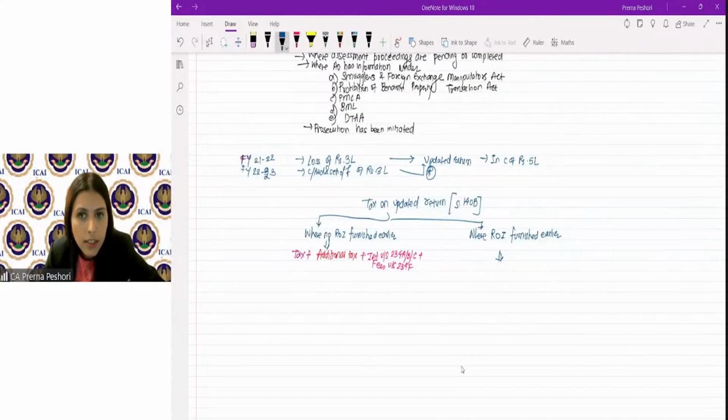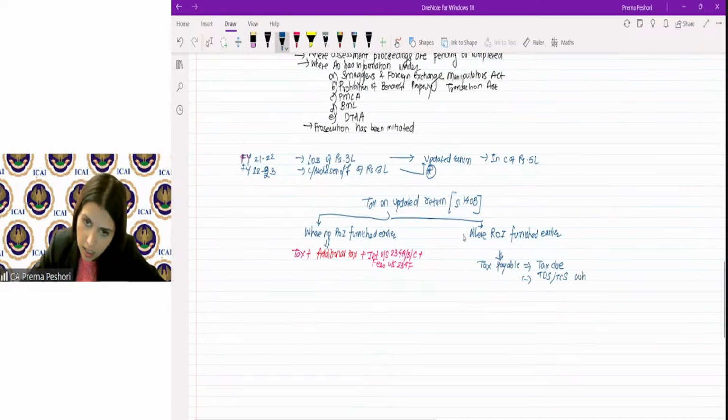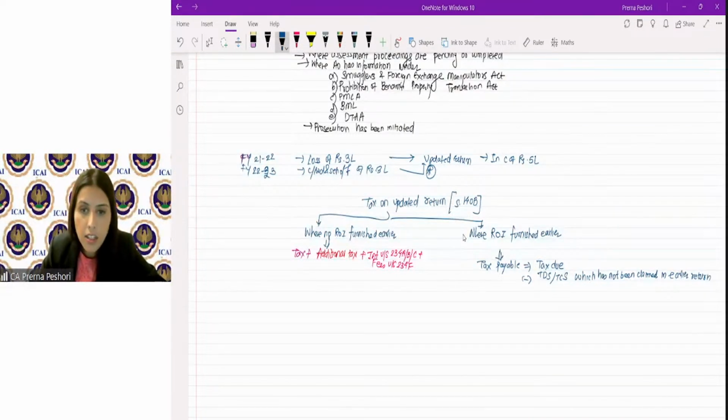how will you compute it? The tax payable has to be computed by tax due minus TDS, TCS, which has not been claimed in earlier return, FTC, foreign tax credit, and MAT or AMT credit.